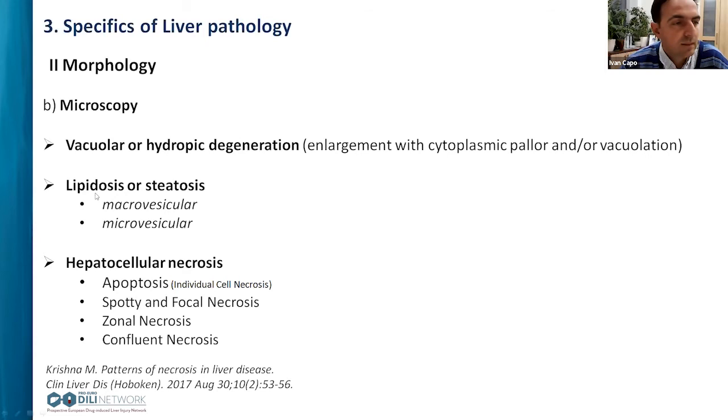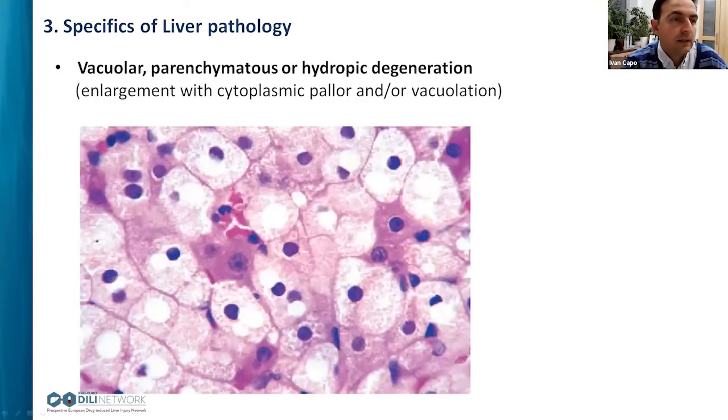We can find some lipidosis or steatosis changes, and we can find hepatocellular necrosis, and we can see which type we can recognize. So the first level of changes in the hepatocytes includes vacuolar parenchymatous or hydropic degeneration. All these terms are the same, and they say that we have the beginning of the changes inside the liver.